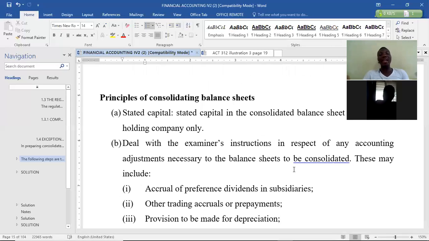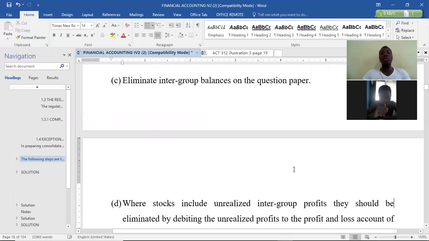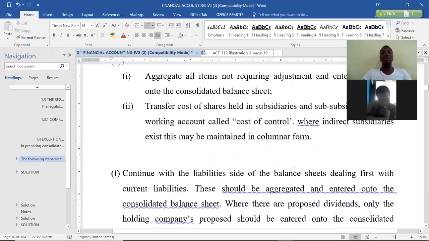What is going to guide you when you are consolidating the balance sheet? That is what we call the principles of consolidating the balance sheet. Don't worry yourself about the theory here too much. We start the calculation. I'll say all these things in theory, then once you are practicing, you'll be okay with them.